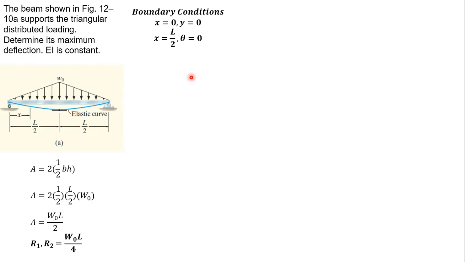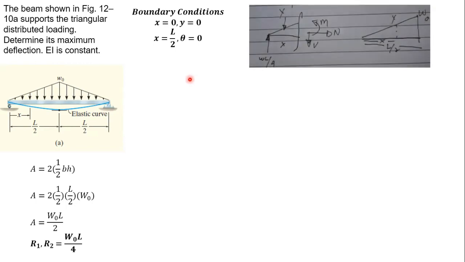So ngayong na-set na natin yung boundary condition, pwede na tayong mag-proceed. Alam naman natin, sabi dito, kumuha tayo ng moment equation. Ang ginawa dito is nag-section. Kinat natin yung beam, at pagkakat ng beam natin, ito yung makukuha natin na diagram. Kung makikita ninyo sa figure, ito yung reaction natin dito sa roller, WL over 4.